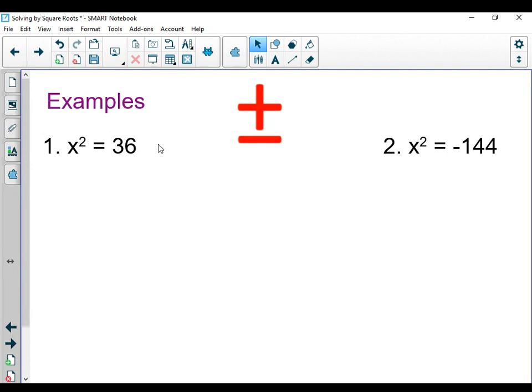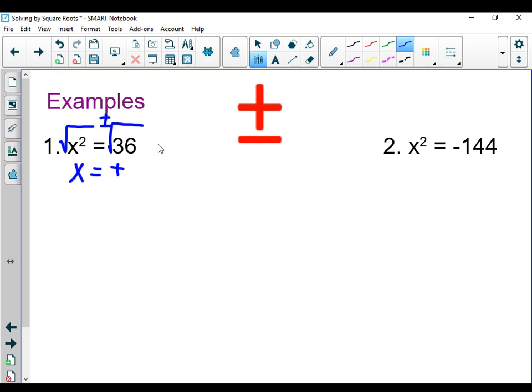All right, so if I want to get rid of the square, take the square root, I include my plus or minus. As simple as that. A lot of people will forget the plus or minus. That's why it's missed. So don't forget those. Here as well, I can take the square root, include my plus or minus.